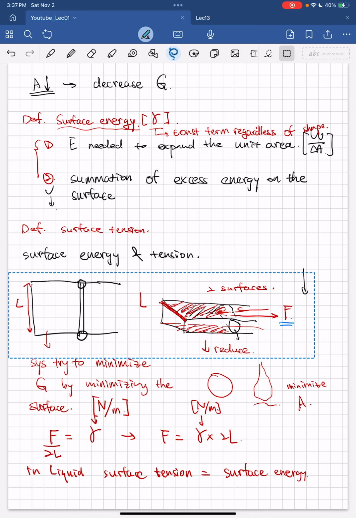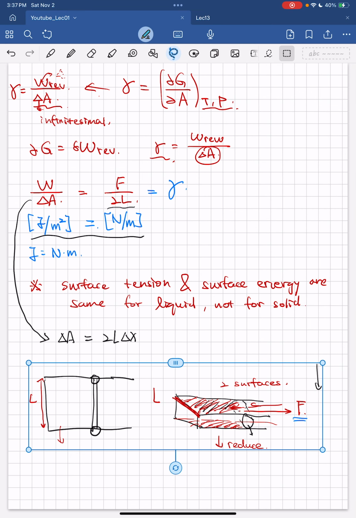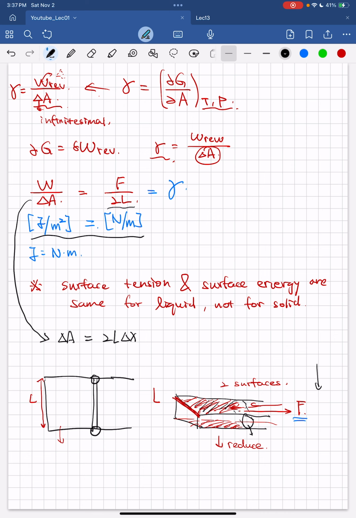You take this. If this is delta X, then this is delta A divided by 2 because there are two surfaces like here. So delta A equals 2L delta X.